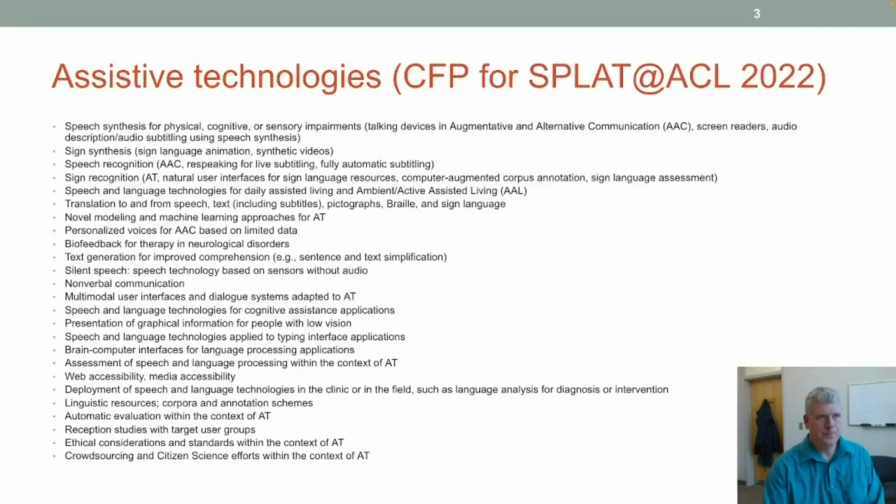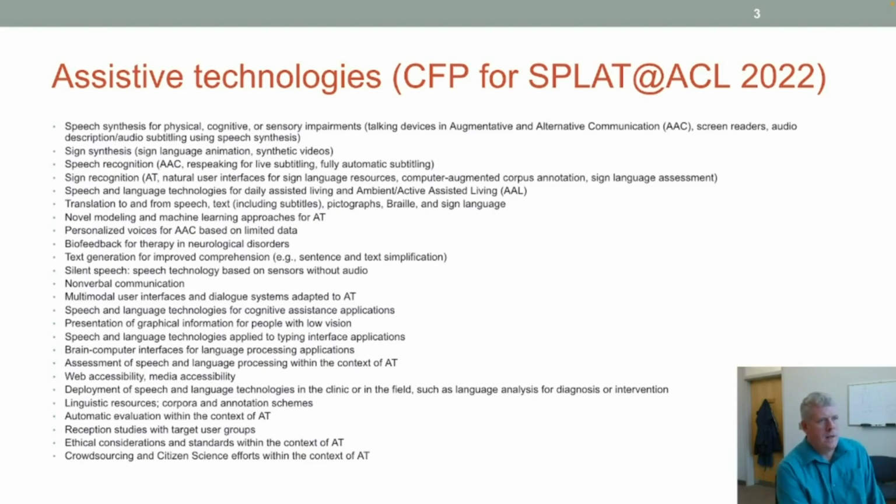one language. Here's a recent call for a conference in speech processing, SPLAT. I think that's speech processing, language, assistive technology. I'm not sure about the acronym.